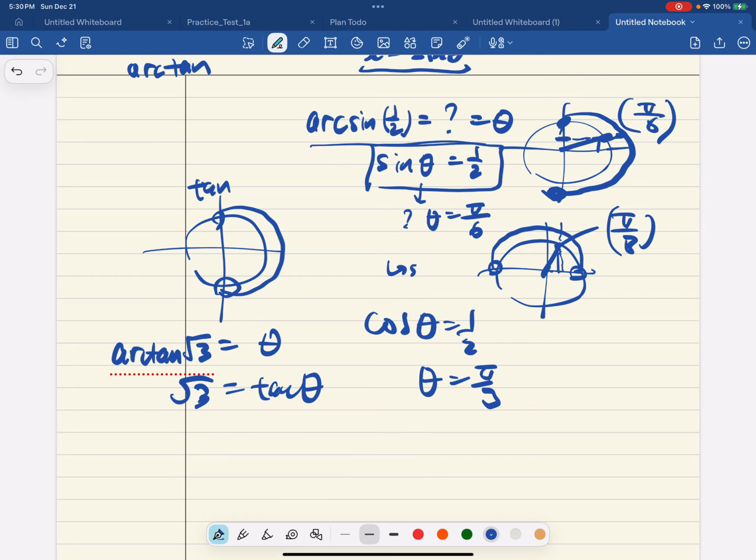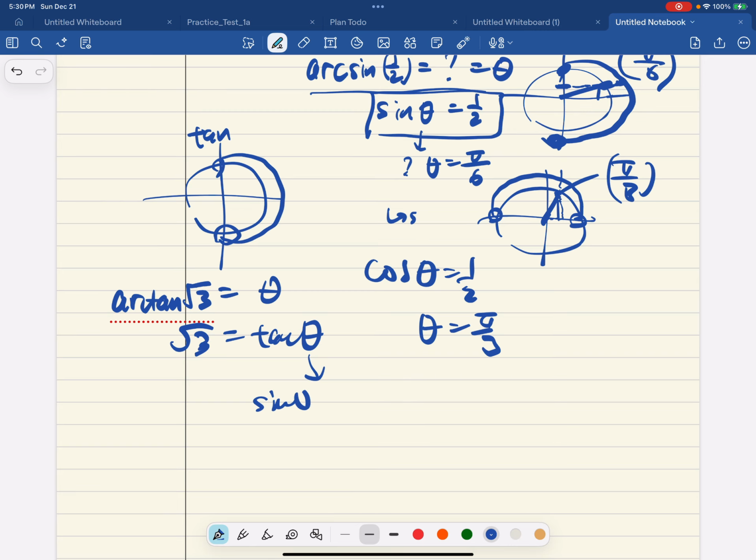So now we want to look for when tangent of theta is equal to root 3. Tangent of theta means sine of theta divided by cos of theta. And that is actually easy to find if you remember your trigs. So you divide the sine value by the cos value.